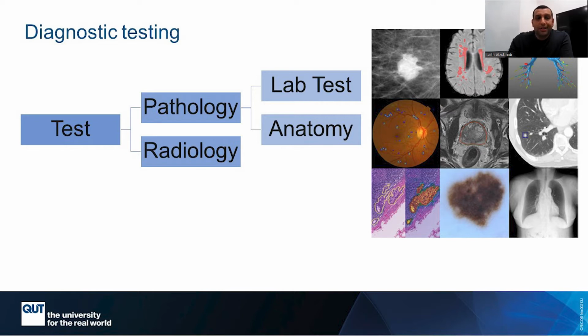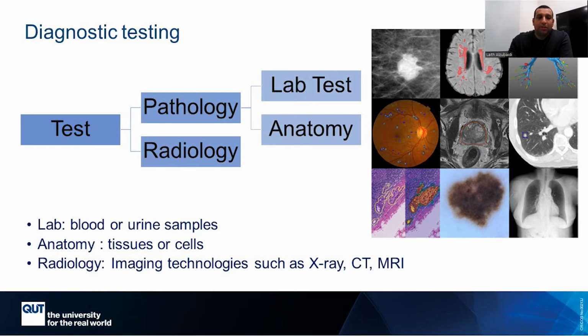That's the step where we care about what happened to the patient. So for diagnosis testing, there are pathology tests, like lab tests, anatomy, and radiology tests. For example, with lab tests, there are blood and urine samples. With anatomy, tissue or cells. With radiology, there are imaging technologies like X-ray, CT, MRI. Deep learning has shown great performance on all of these types of tests.